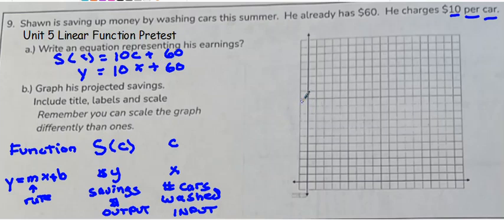Now, when I'm doing my graph, it says here, graph his projected savings, including title, labels, and scale. Remember, you can scale the graph differently. I know that for every car, you're going to go up $10. And we're going to start at 60. He's starting at 60 for the 0 month at the very beginning.